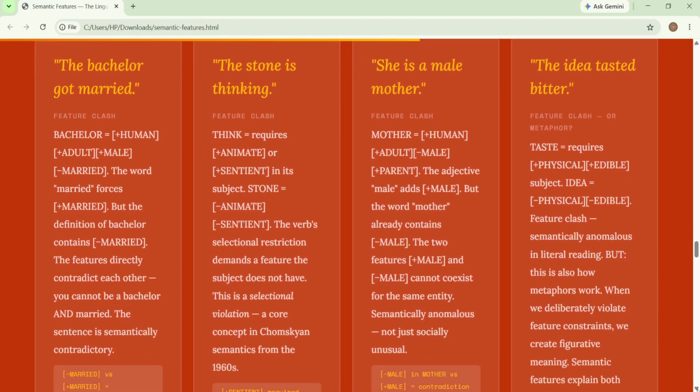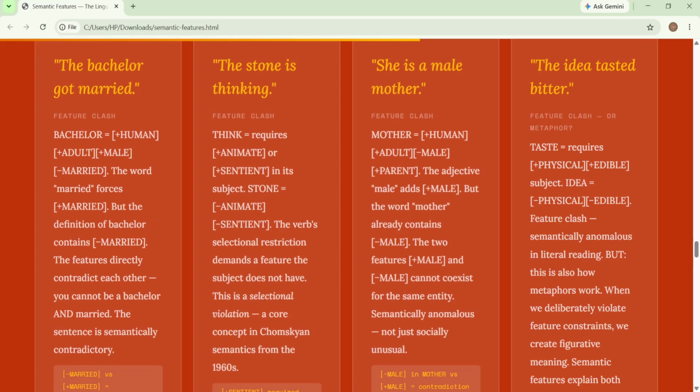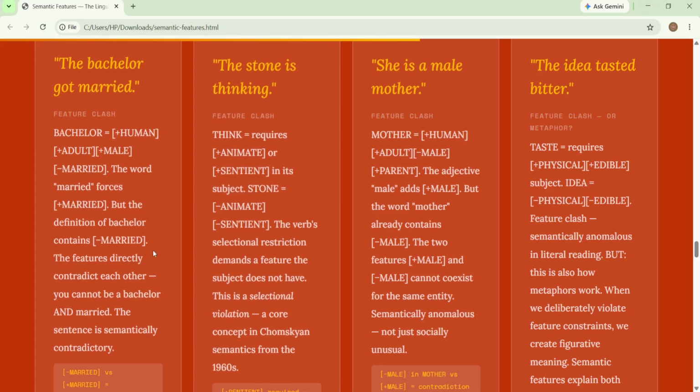That where the violation happened, the bachelor got married. Well, a bachelor is a human, adult, male. Well, a bachelor can't be married because a bachelor is someone who's not married. So the word married forces the feature married, but the definition of bachelor contains that it's not married.